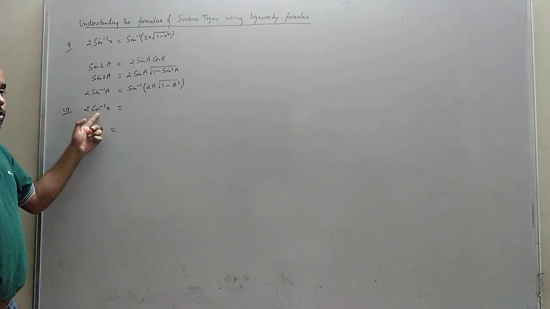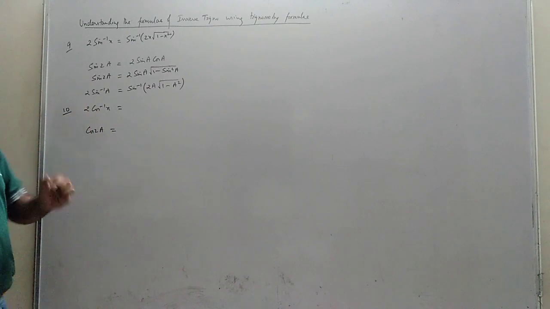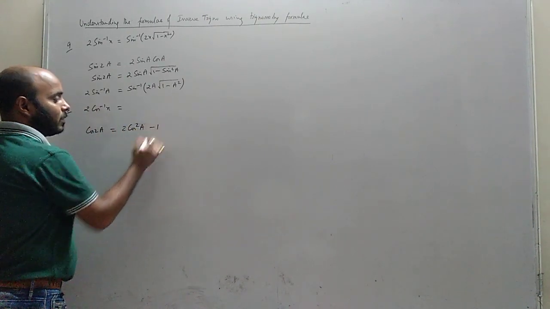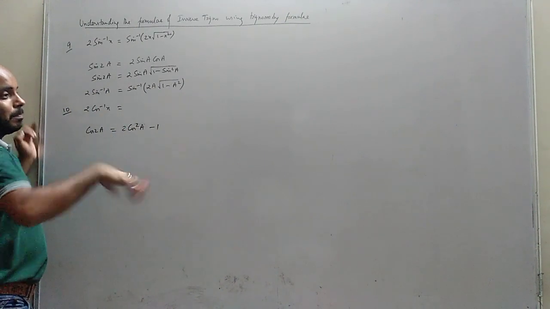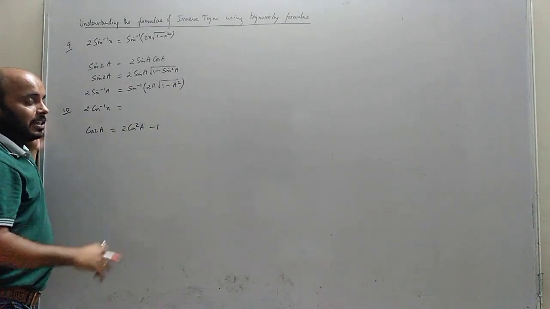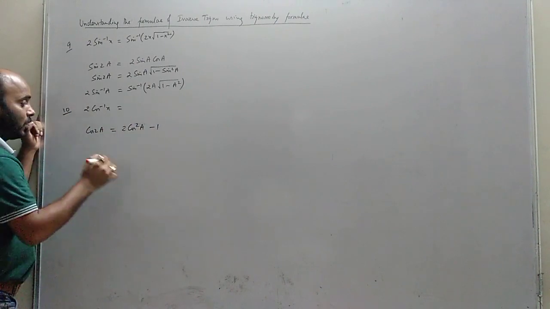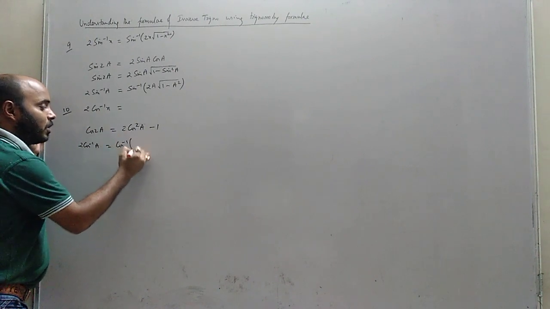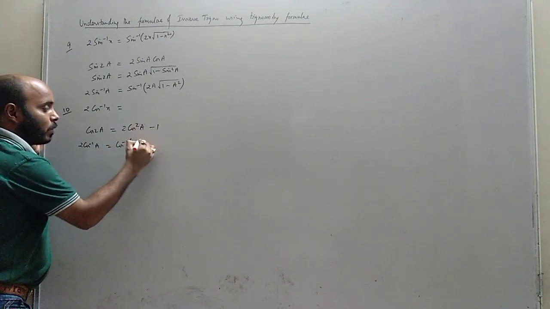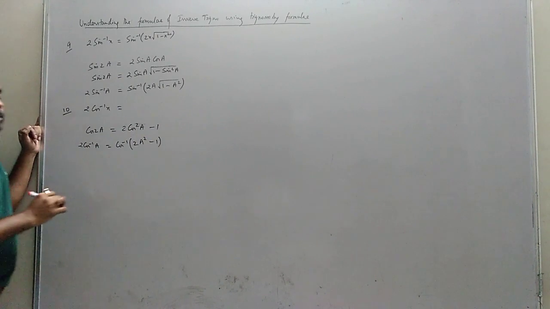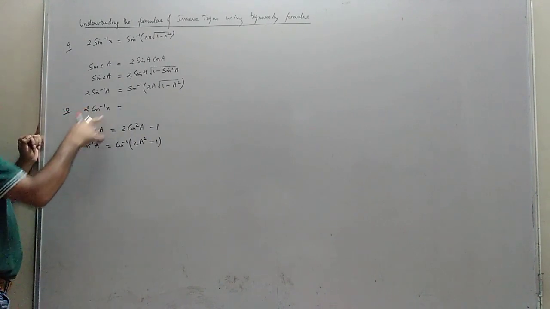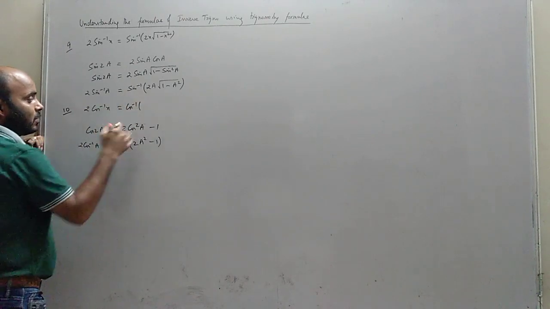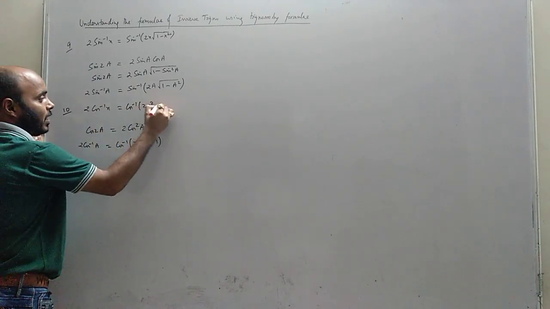I want cos, so I will write the formula which has only cos: 2 cos square a minus 1. This has only cos, the others have sin and cos both, one has only sin, one has tan. So I'm writing this one. So how to convert 2 cos inverse a? Cos inverse of 2 a square minus 1. So 2 cos inverse x is cos inverse of 2x square minus 1.